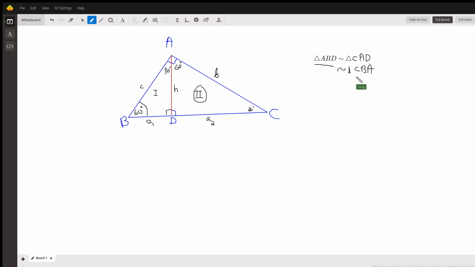In a similar fashion, if you wanted to get ABD similar to the big triangle, you'd pay attention to this: A is 30 degrees. That's angle C in the big triangle. B is 60. That is B in the big triangle. And A corresponds to the 30-degree angle.